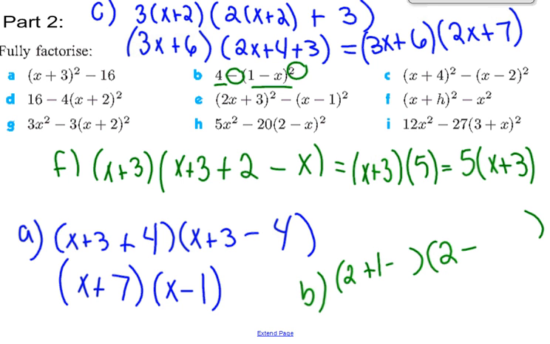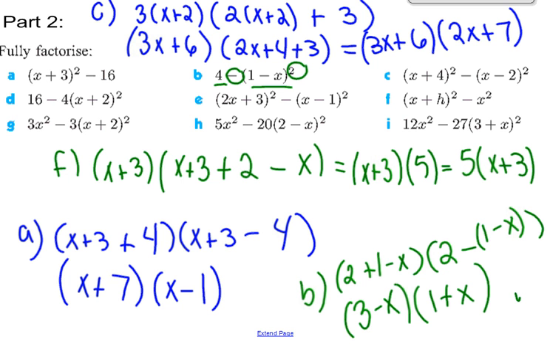So 2 plus 1 minus x, 2 minus, and this is where we have to be careful to keep it in brackets, 1 minus x. Okay, so to simplify, we've got 2 plus 1, we've got 3 minus x, and what do we have? We have 2 minus 1, which gives us 1, and then minus the negative x, or plus x. So that should be it.